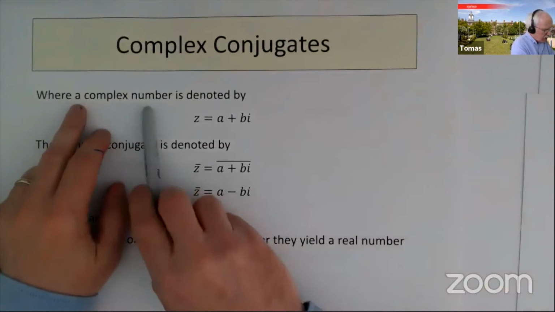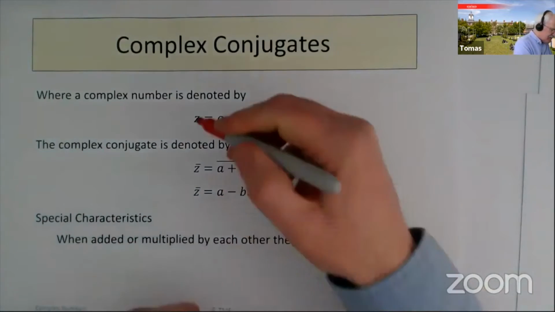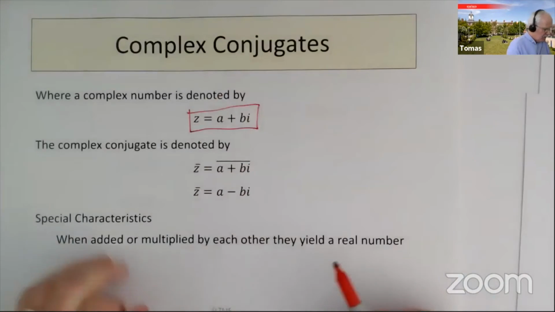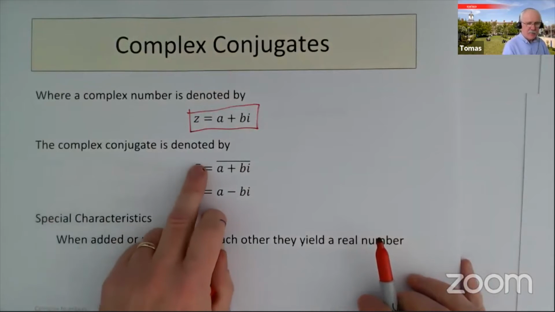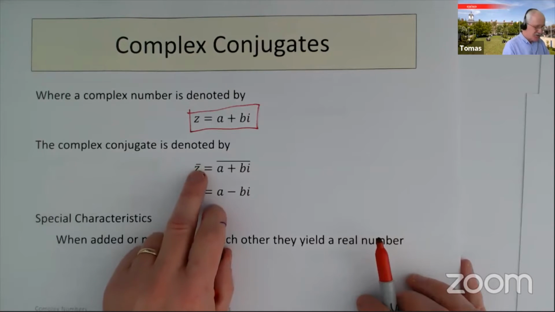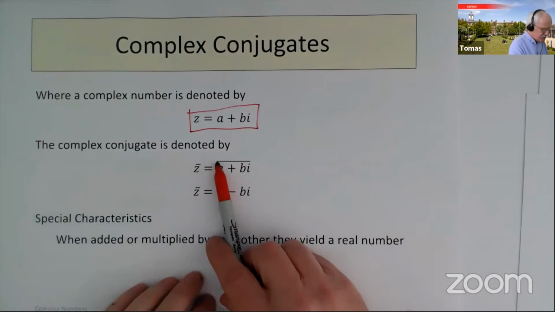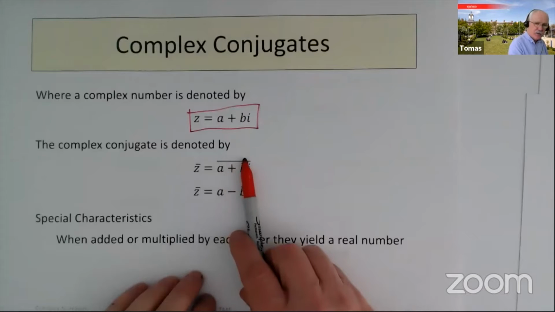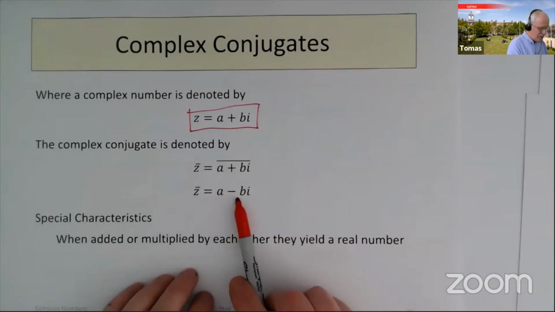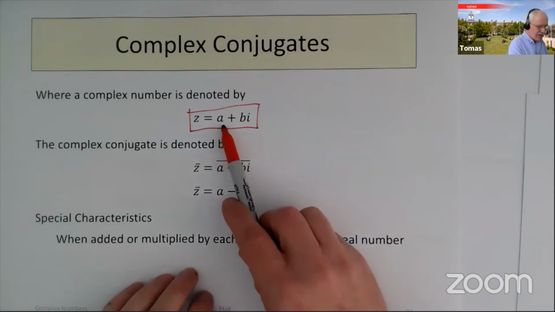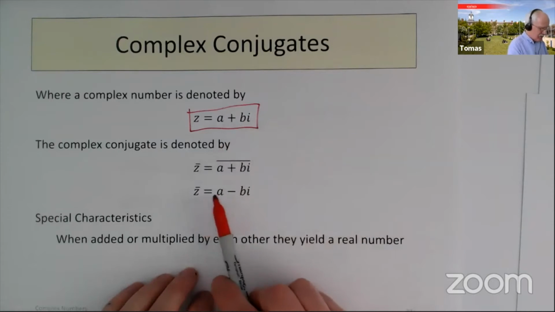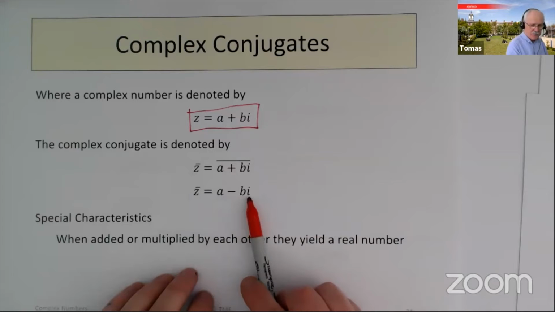So where a complex number is denoted Z is equal to a plus bi, the complex conjugate is denoted by Z bar. There's a little line or dash above that. Usually we see them on the bottom, an underscore, but it's above it. So that's a symbol in maths for complex numbers that says the complex conjugate, sometimes written a plus bi like that. And it means that Z bar is a minus bi. So for any number a plus bi, the complex conjugate is a minus bi, which is an interesting idea.